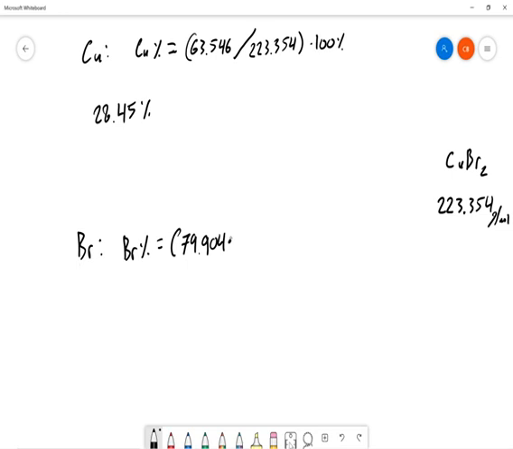So 79.904 times 2, because remember, whatever's in the formula, divided by the mass of the entire compound, at 223, and then multiplied by 100 to get it into a percent, and this should end up with what, 71.55, but let's run the numbers to make sure.